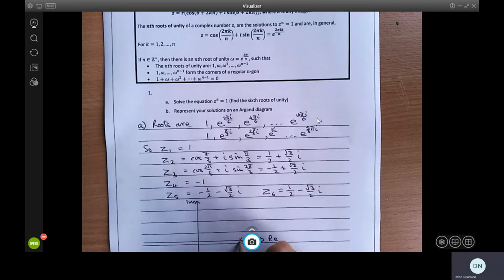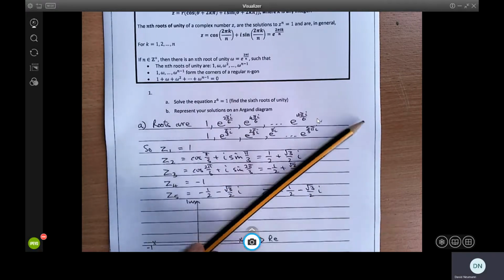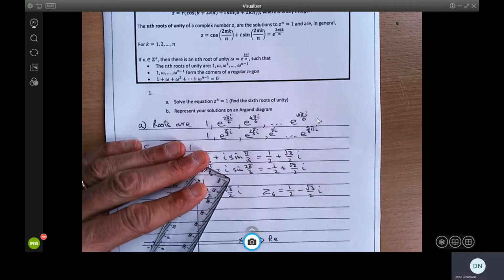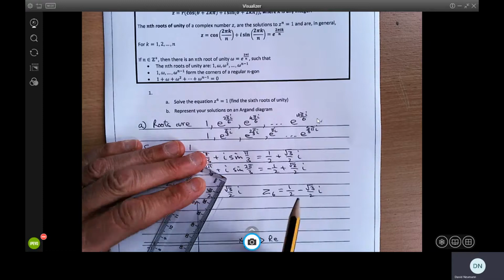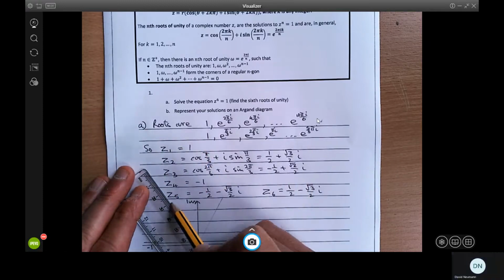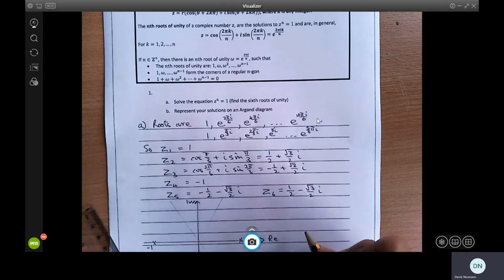So my first root is going to be 1. Let's put also minus 1 in. And then we're going to go round an argument of pi over 3. So in degrees, that would be 60 degrees. So let's just sketch in a little guideline to help us here, and another one there. I'm not sure I've drawn that particularly accurately, but that'll do.